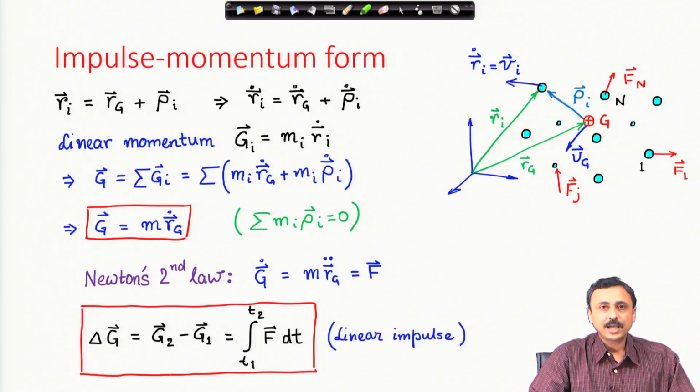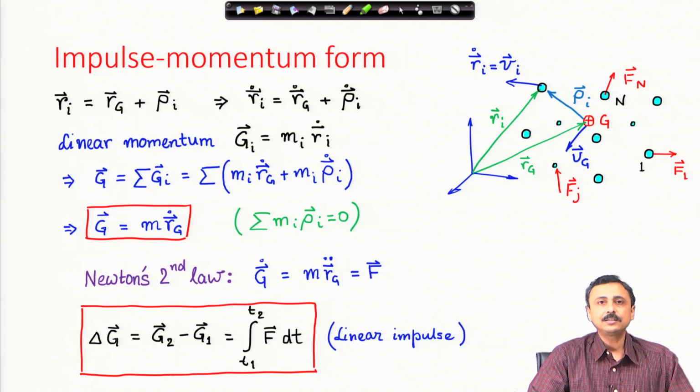If I integrate over time, I get the change of linear momentum of the system equal to the impulse of the force between two time instants. So, this is the linear impulse. What we have seen here is that the linear momentum of the system is the total mass of the system times the velocity of the center of mass, and the rate of change of linear momentum of the system is equal to the net force acting on the system.